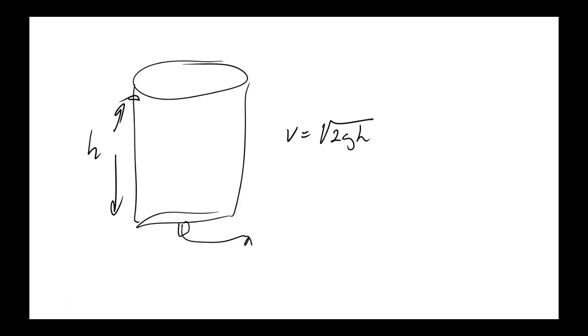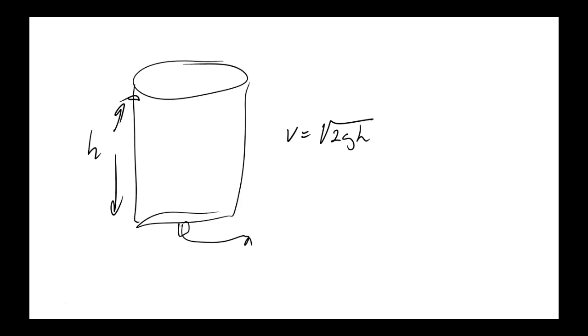The flow rate is obviously velocity times the surface area, but it's amazing that the velocity itself is not affected by the size of the hole. It is affected by the height and the acceleration of gravity. So if the height goes down, which it will, then the flow rate will go down because there's not as much pressure on it, because pressure is related to the height.